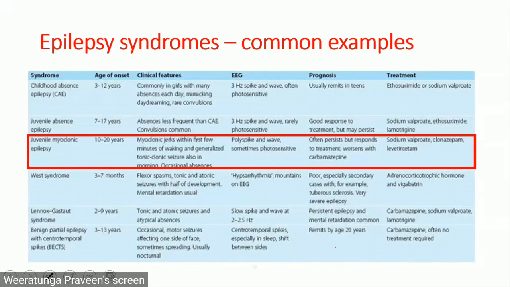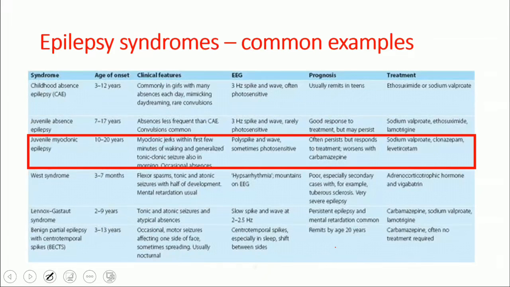Now, right at the start, we were talking about an epilepsy syndrome. So what is an epilepsy syndrome? An epilepsy syndrome is where you get a very typical story. There is a very typical age of onset. There is a very characteristic set of seizures that they get.